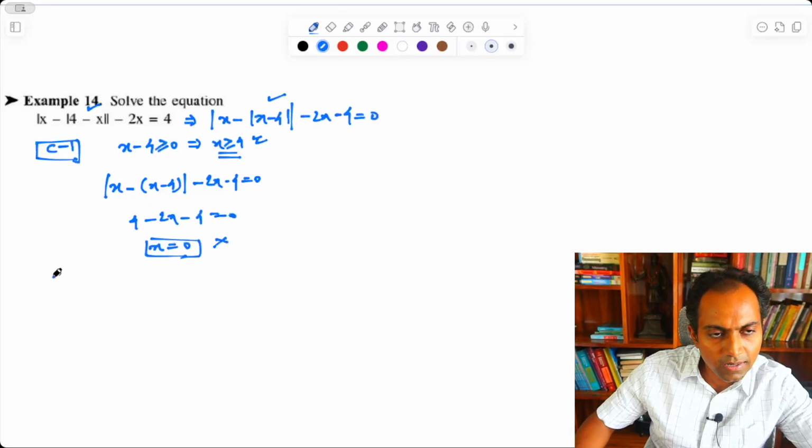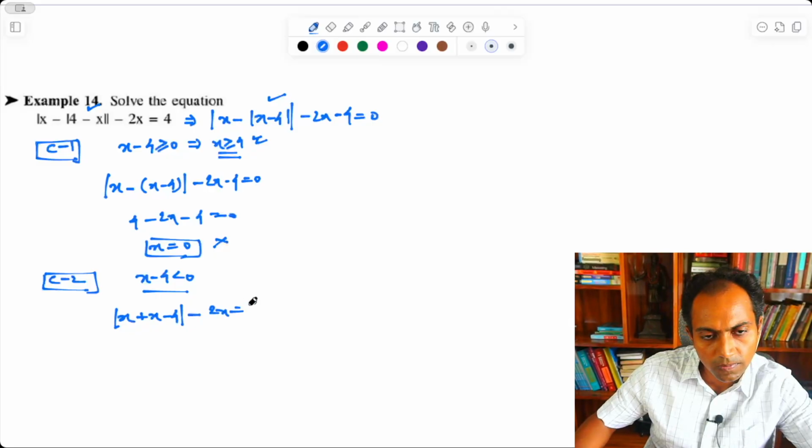Let us take a case 2 now. In this case 2, we are considering the value of x minus 4 as smaller than 0. If I do this, what is going to happen? This modulus will open with a negative sign. Hence this minus inside the mod will go away. Okay. Now if I solve this, this becomes mod of 2x minus 4 is equal to minus 2x minus 4.